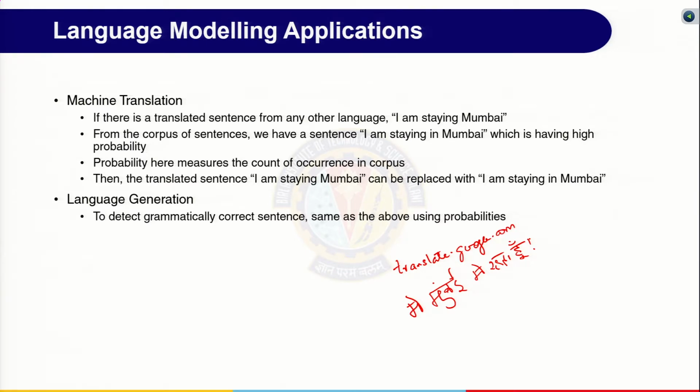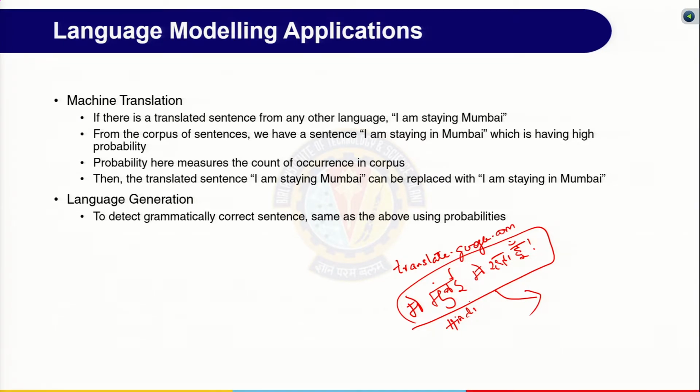If I give this sentence as my input, it would identify this language to be Hindi, the script to be in Hindi, and now the task is to convert this into English. That is the task of translation. When we translate, we convert the sentence from one language to another language, and when we automate that task, we call it as machine translation.